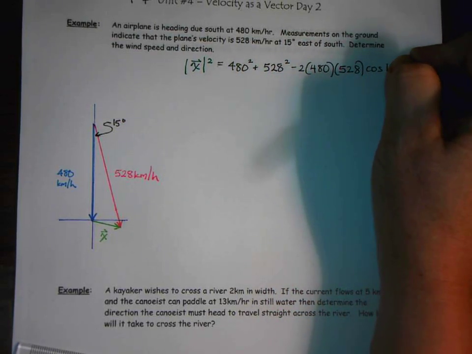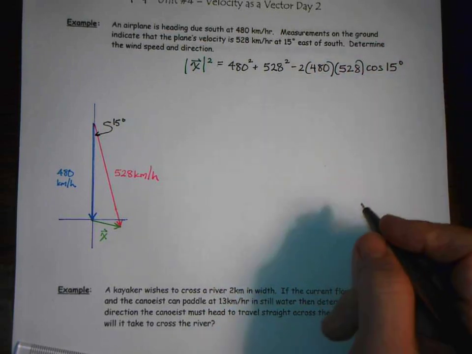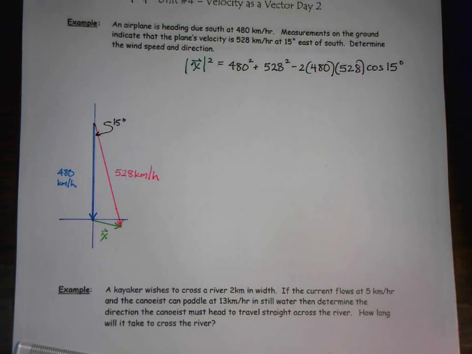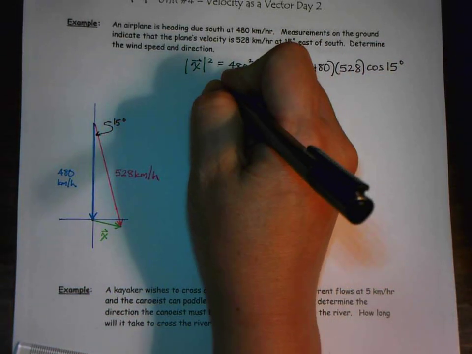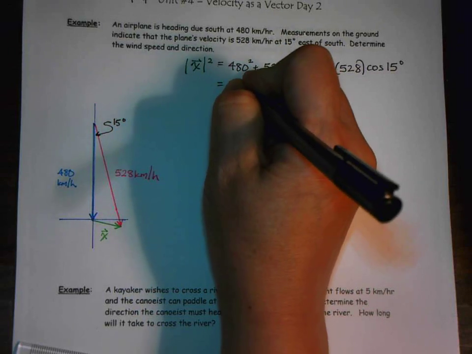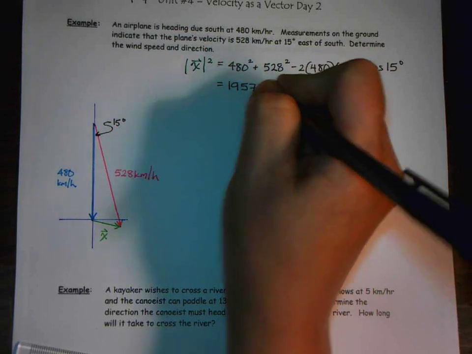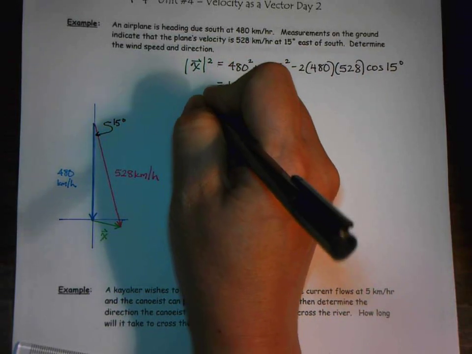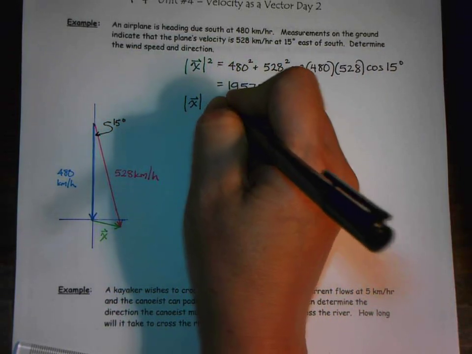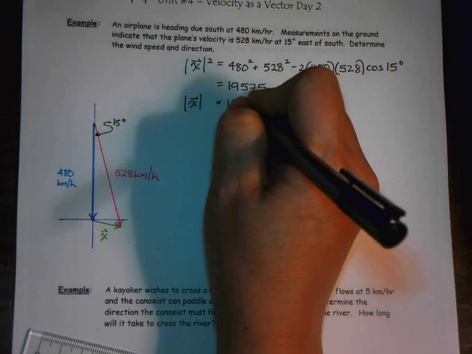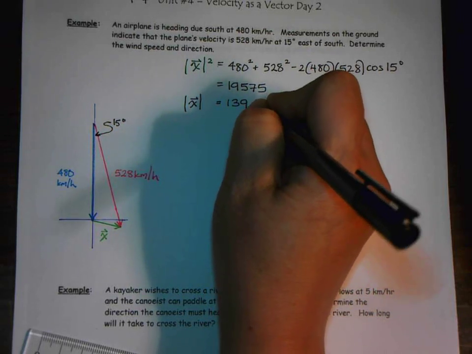And if I work all that out, I'm going to get 19,575, and so the magnitude of x comes out to be 139.9 kilometers per hour.